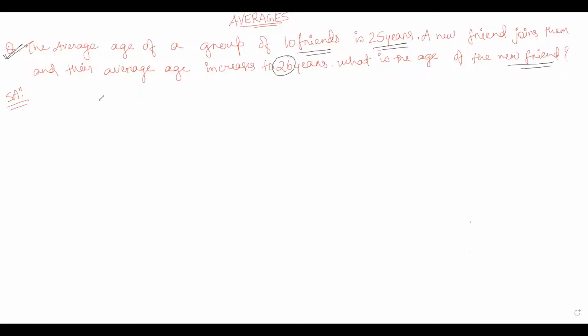So here we can simply apply the formula of average. The average age of the group of 10 friends is 25 years. So we can say that the sum of the age of these 10 friends would be simply 25 into 10, which would be 250.